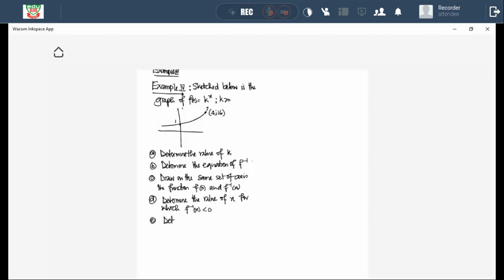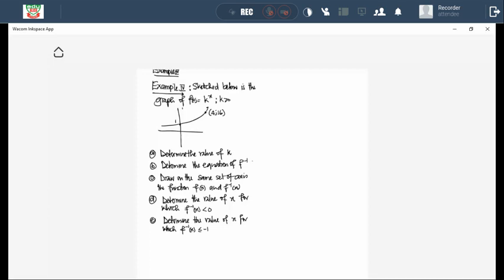Then E, determine the value of x for which f inverse is less than or equal to -1.